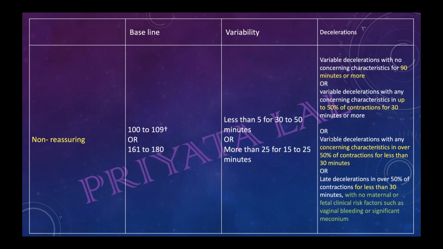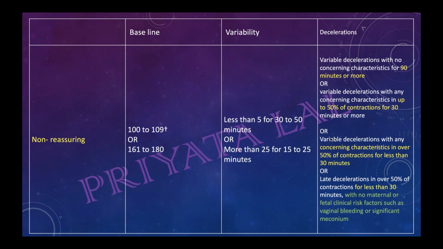In a 20-minute CTG, suppose there are 6 contractions, you have to have more than 3 decelerations to say that you have got more than 50% of contractions.